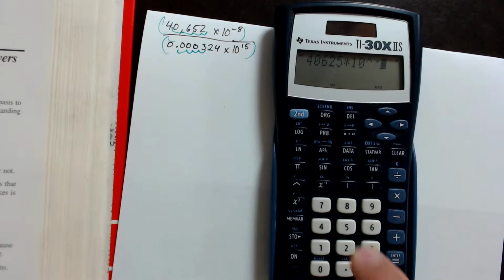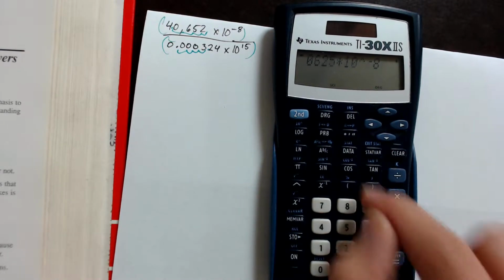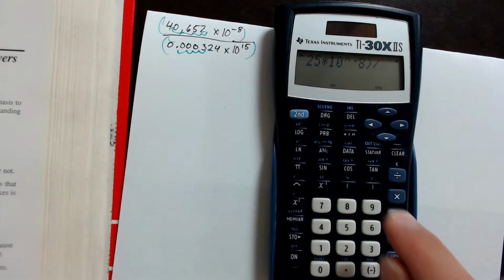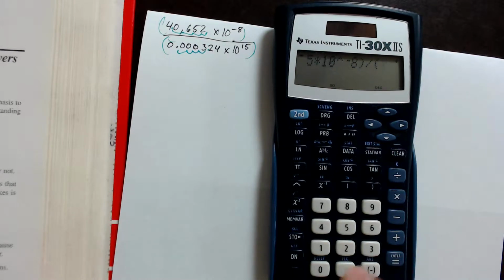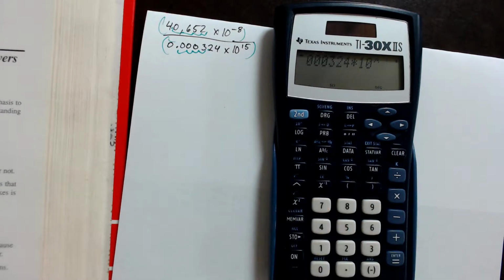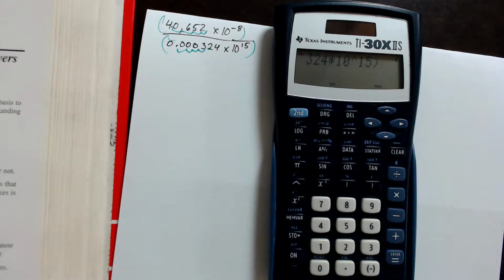The exponent is going to be negative 8, end parenthesis. From here, fractions are the same as division, so I'm going to hit divided by, starting parenthesis, 0.000324 times 10 caret, that raises you to the exponent of 15, end parenthesis, enter.